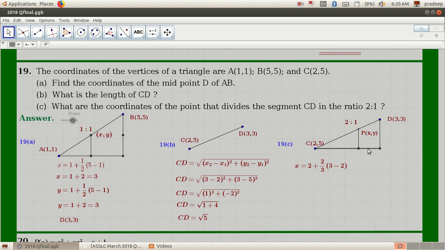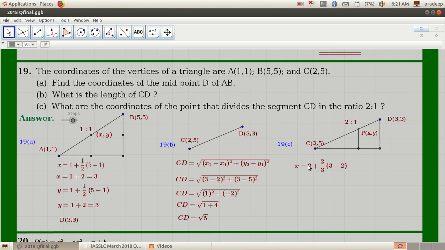Therefore, this is 1, this is 2. Therefore, in order to find the x coordinate of this point, we have to add the 2 by 3rd part of this x difference. We have to divide this into three equal parts, and 2 parts have to be given to this x coordinate.